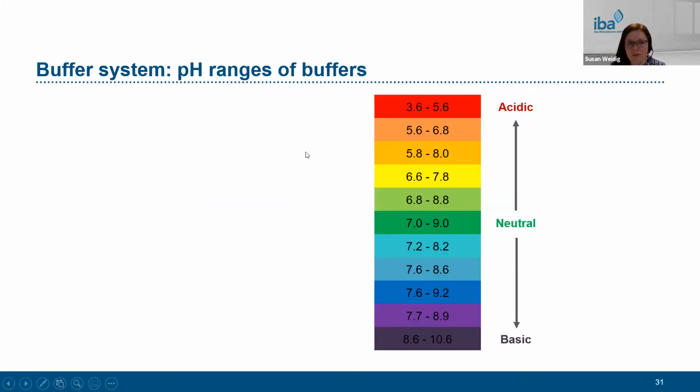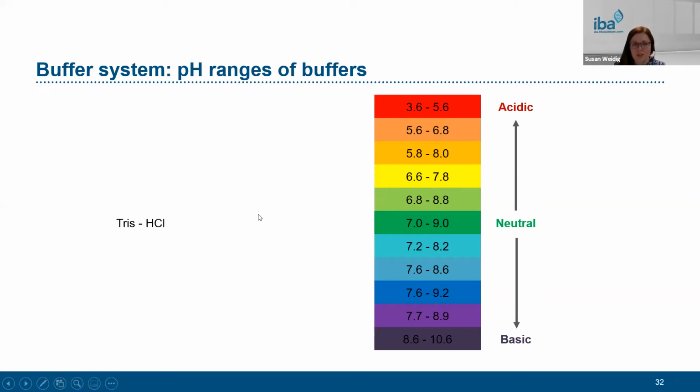Yeah, and if you know the pI or the pH ranges which are possible for your protein, you can select the right buffer system. A commonly used buffer system is a Tris buffer. It has a pH range from 7 to 9.